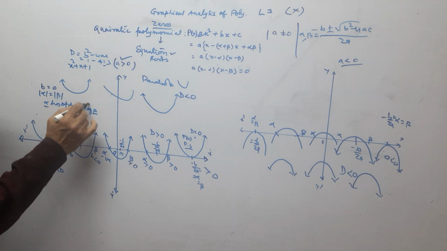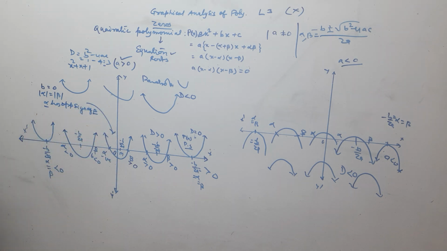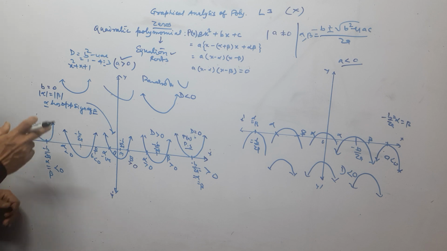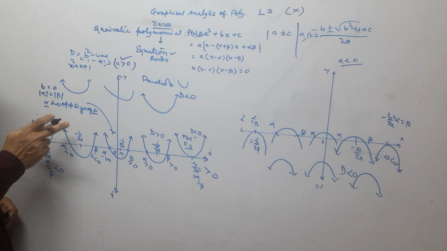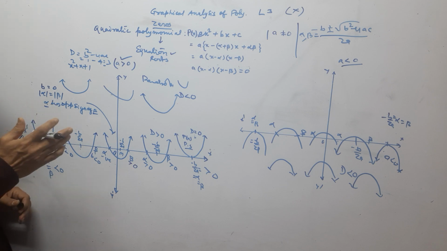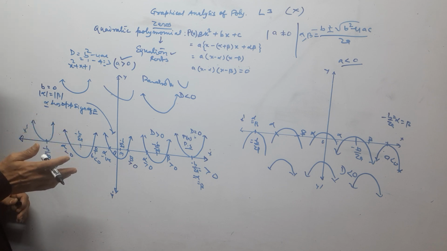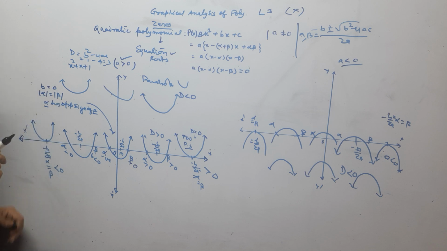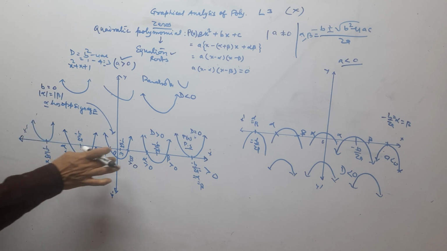See, I have stated this case. So minus b by 2a is 0. That means b is 0. If b is 0, then the magnitudes of alpha and beta are the same, but their signs are opposite. That is, one is plus and the other is negative, but their magnitudes are the same. So this case is over.